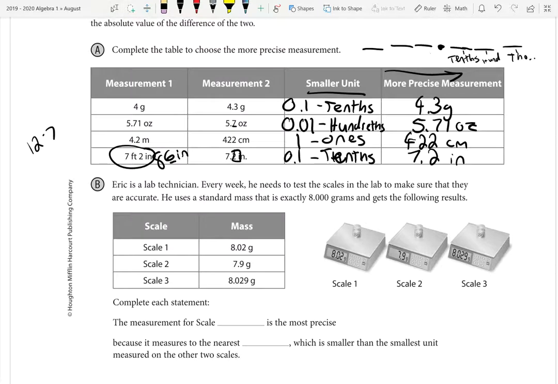just a quick recap to sum it up. When you're comparing two numbers, the one that uses up more decimal places or is further to the right on this scale is the one that's more precise. So when you saw 420 centimeters, then it really stopped being precise here, right?